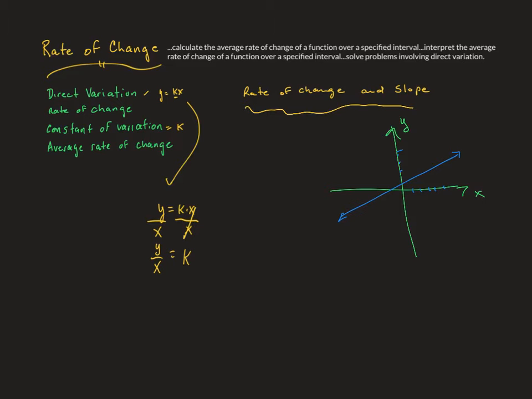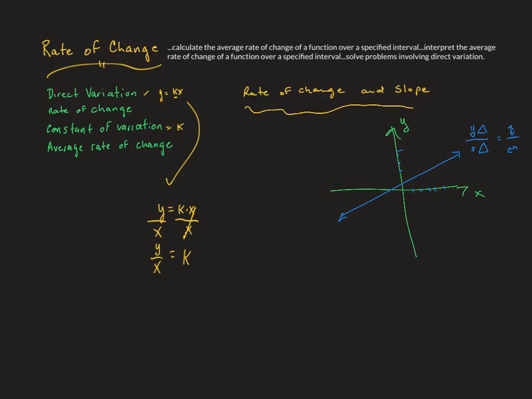And it's the ratio of my rise, my change in y over my change in x, as I go up or down over as I go right or left.